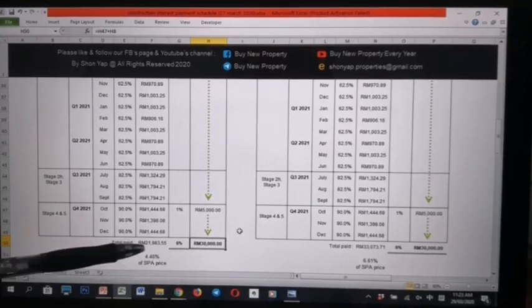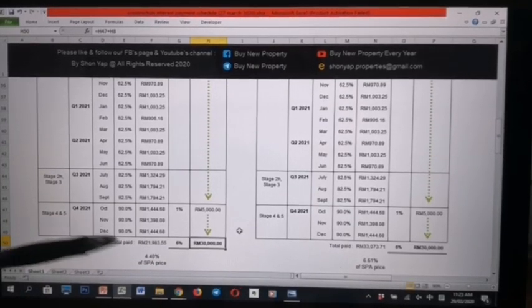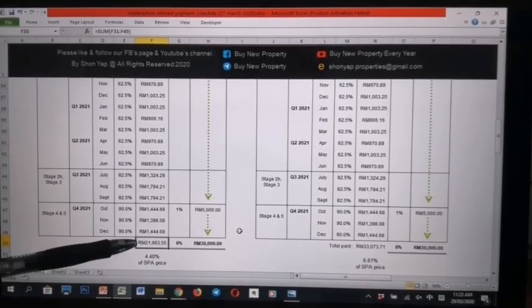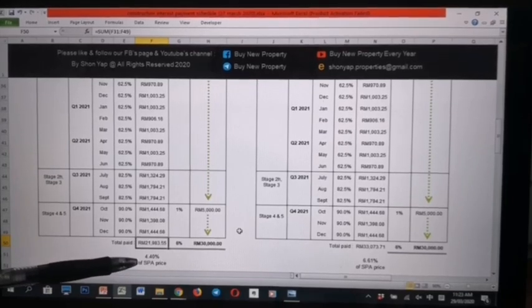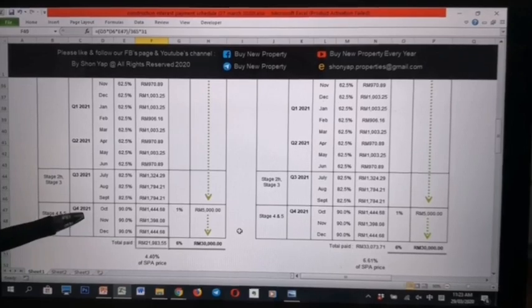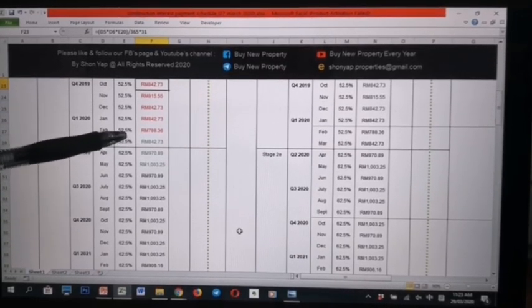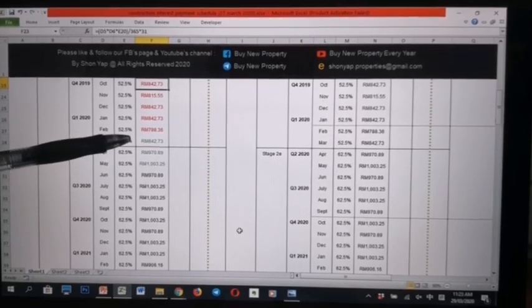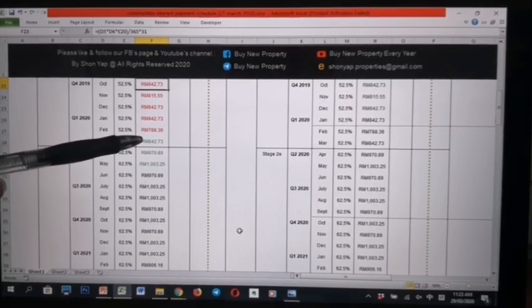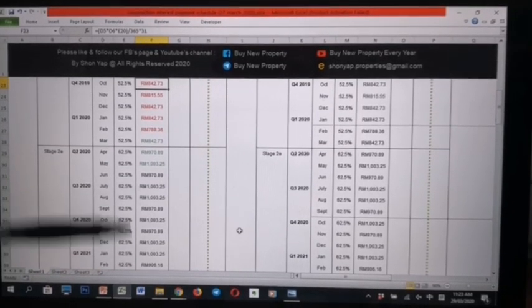So actually it really covers all your payment. So the total interest you pay is about 4.4% of your SBF price. And this is the so-called really low floor unit. If you buy the high floor unit, you may not need to pay now, you pay later.